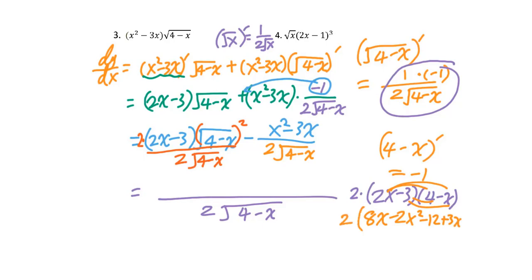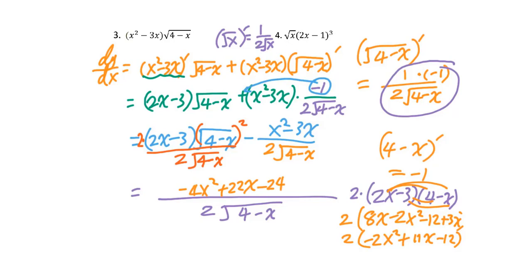Then we combine like terms. You will get negative 2x squared plus 11x minus 12. Then you multiply by 2. We do the distributive property here. You will get negative 4x squared plus 22x minus 24.